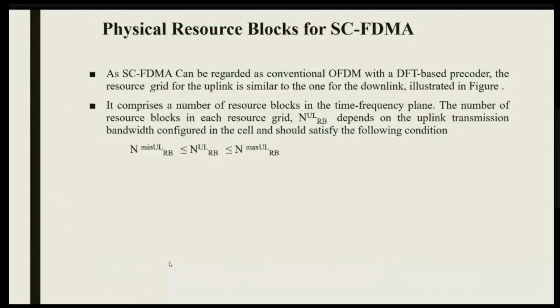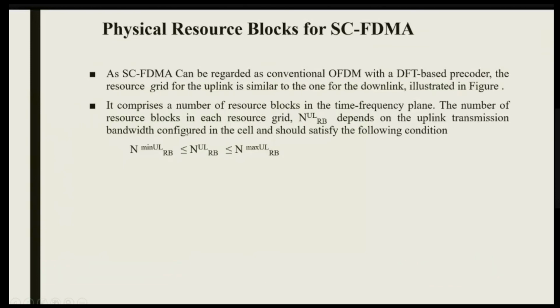Physical resource block for SC-FDMA is regarded as a conventional OFDMA with a DFT-based precoder, and the resource grid for the uplink is similar to the one for the downlink. It comprises a number of resource blocks in the time-frequency plane.